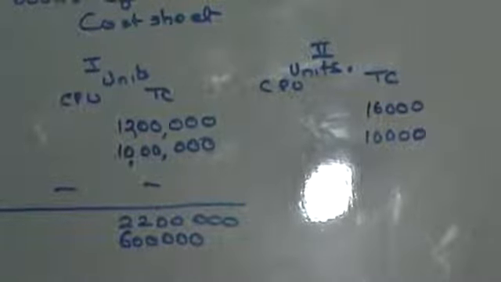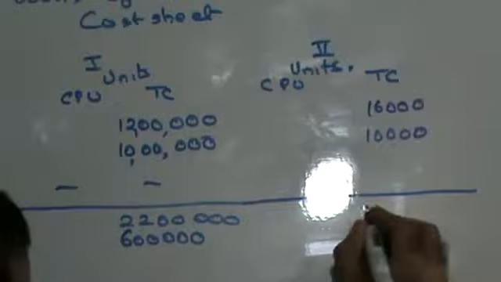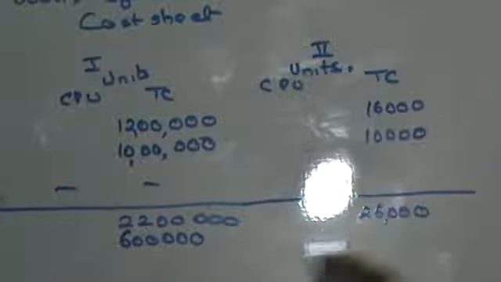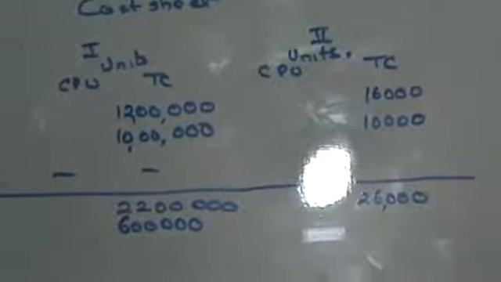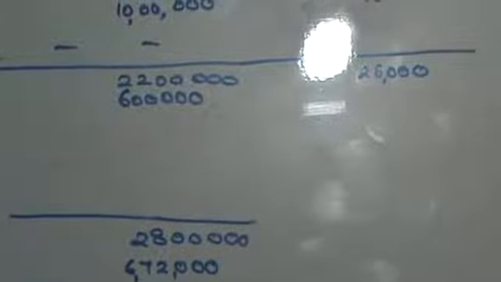Material and wages for the second year are 16,000 and 10,000. So this is going to be 26,000. Now, they haven't given you any other data. They have said that, assuming that the rate of factory overheads has increased by 20%. Let's see the working out, guys.